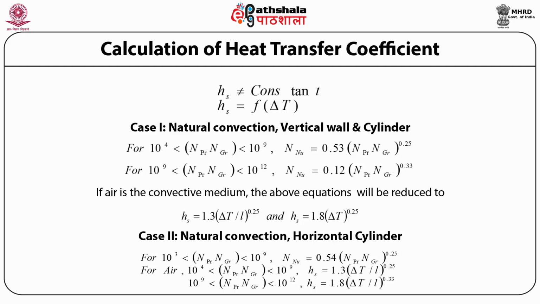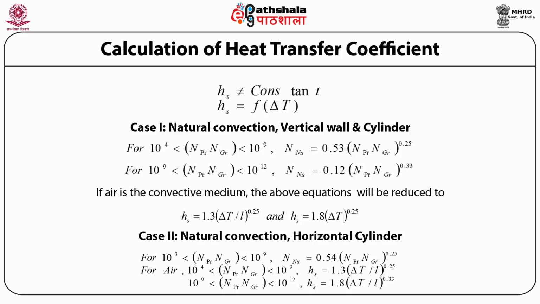and that is only for the liquid convective medium. Let us see what happens when air is used as the convective medium. For air, when the product of Prandtl and Grashof number is between 10 to the power 4 and 10 to the power 9, hs is equal to 1.3 into (del T by L) to the power 0.25.